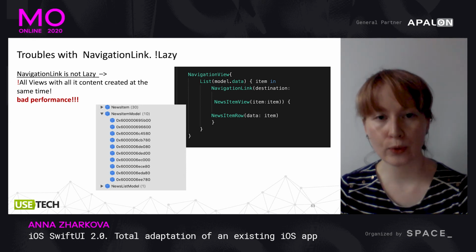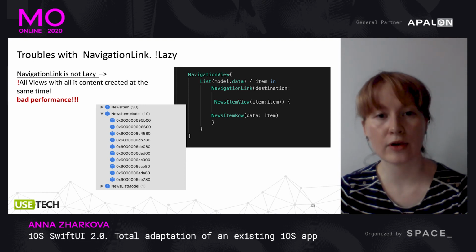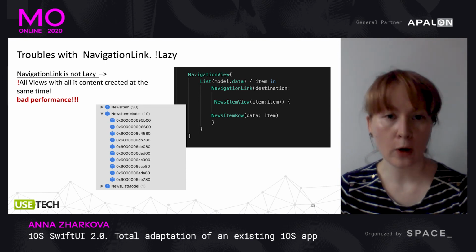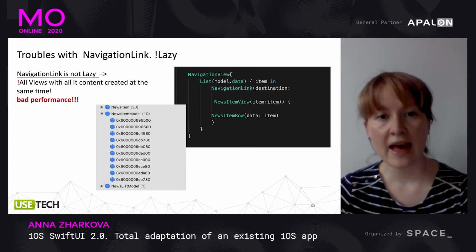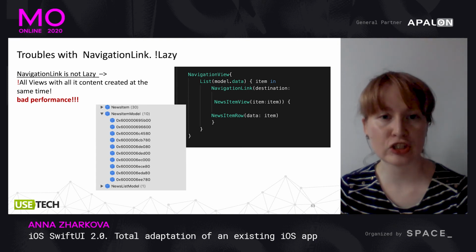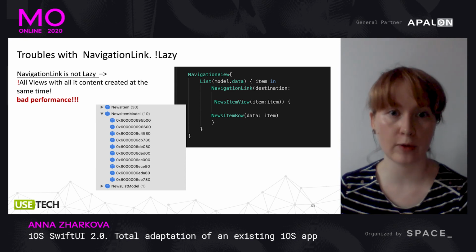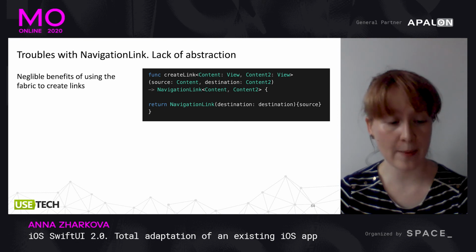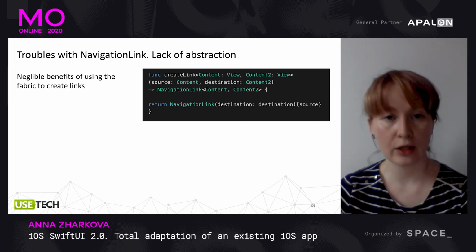You create not only a view for the row, but the item view with all its stuff, and all these models of these elements are created at the same time. If they perform any logic at initialization, you could have a collision, and of course it's bad performance at all. You could use some sort of factory, but it is a negligible benefit because of the lack of abstraction. You still have to use a lot of code.